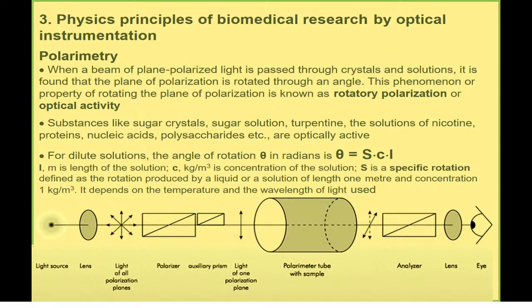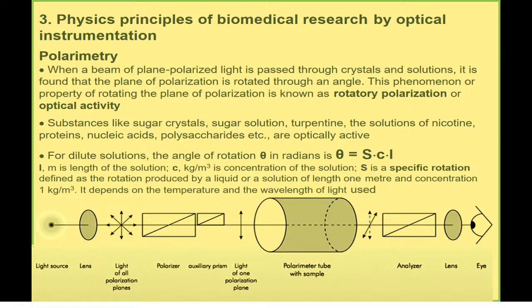There are some substances, organic, particularly amino acids, proteins, sugars, that may be considered optically active. They behave as the polarizer, and at the same time, when the polarized light goes through the solution of that optically active substance, they work as analyzers.